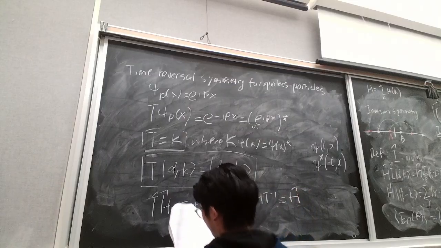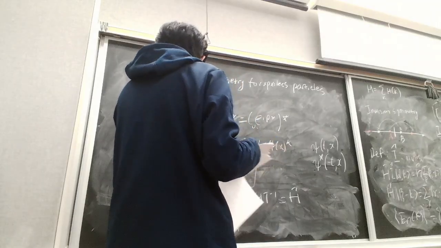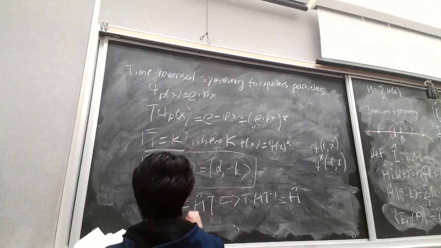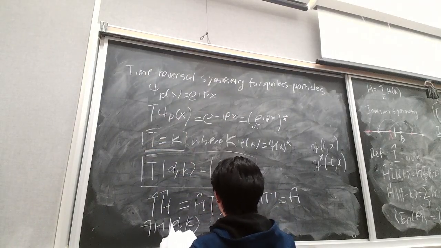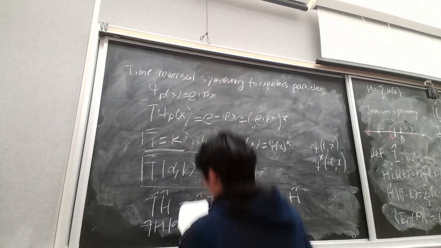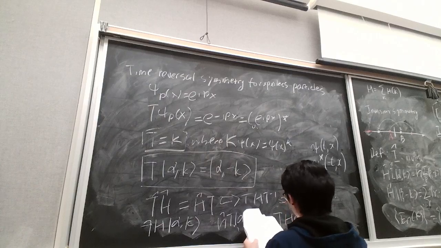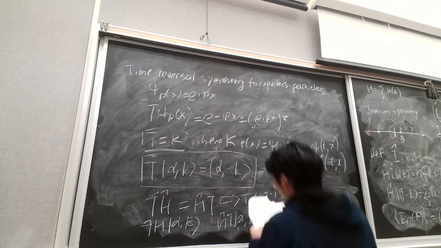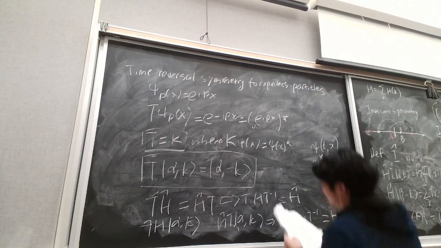And then if you act the left hand side on each of the Bloch states, and the right side the same thing, after you do that, you finally get that T, the time reversal operator, times the Hamiltonian times the inverse of the time reversal operator equals the Hamiltonian of negative k.